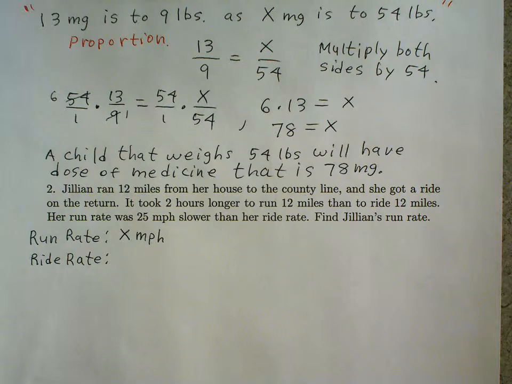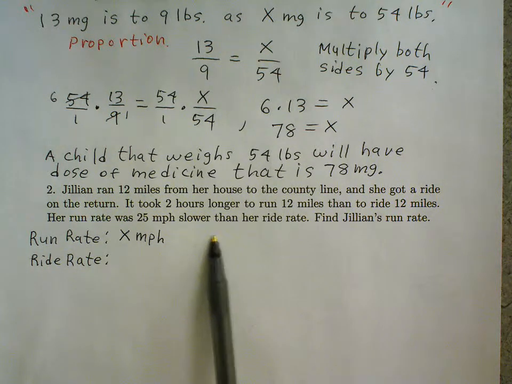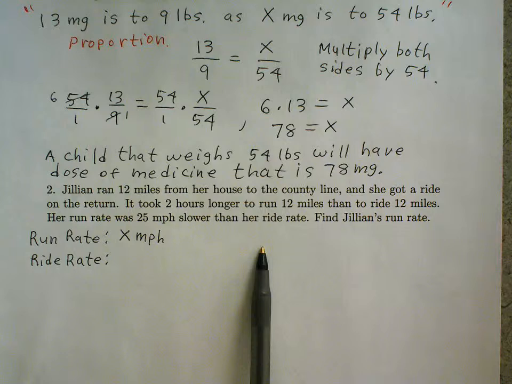So what does the problem tell us about the relationship between the run rate and the ride rate? Part of what we're learning how to do is to pick out the information that's given, and we want to make sure that we don't assign certain quantities to other quantities that represent something different.